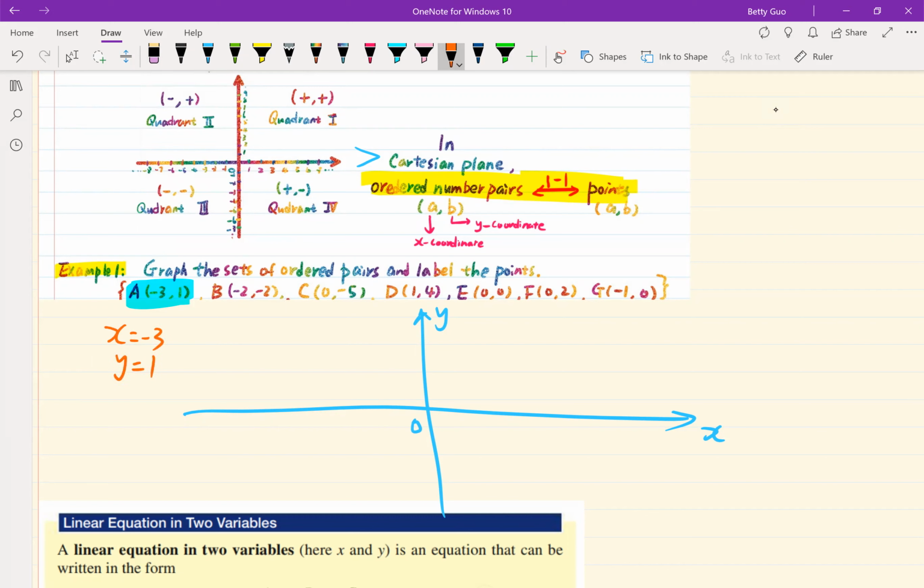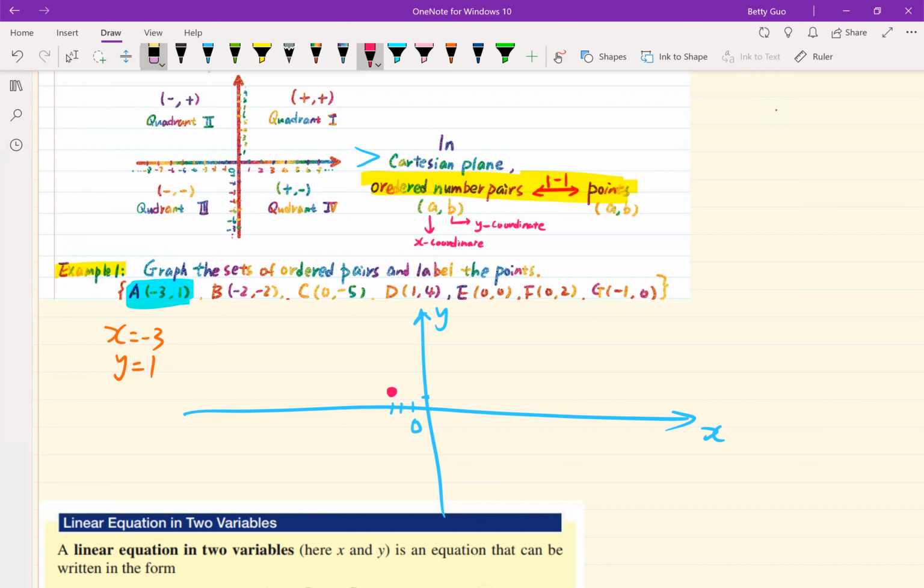So the point is 3 units to the left, 1 unit above. And we have that point right here in quadrant 2. Okay? 3 units to the left, 1 unit above. That gives us this point.